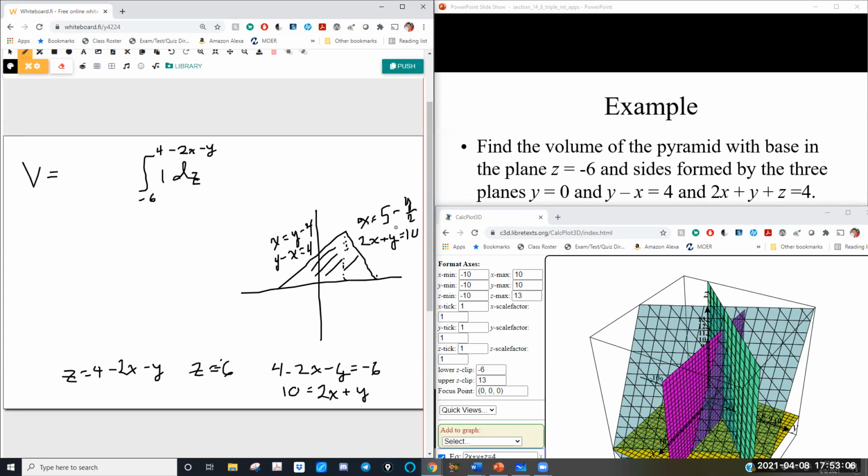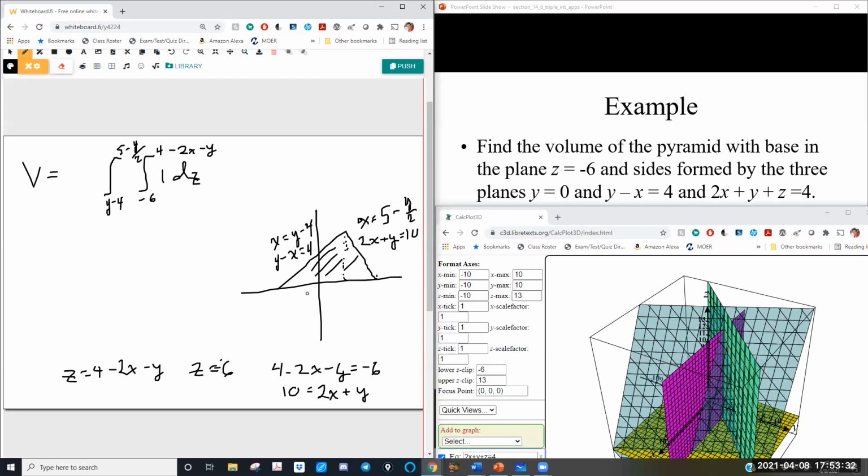All right, I'm not doing anything crazy, guys. I'm just solving each equation for x. Here's our left. There's our right. So those are our limits on x. We're going to go from left, which is y minus 4, to right, which is (5 minus y) over 2. Okay.